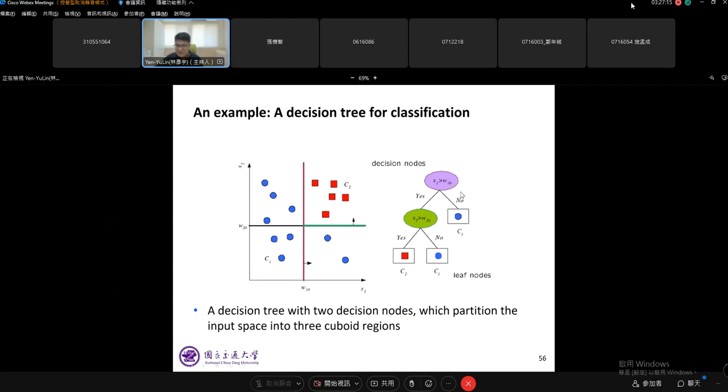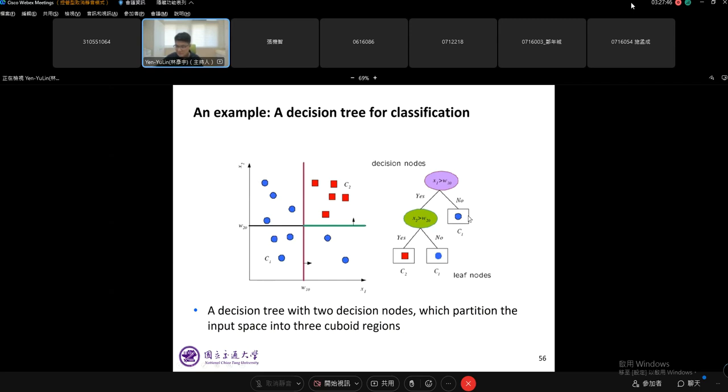So the answer is no, and it is on the left-hand side of this threshold here. All the data points of this region belong to class group. So it is pure. All the data points in this subtree belong to the same category.